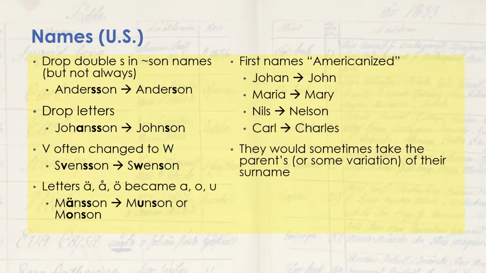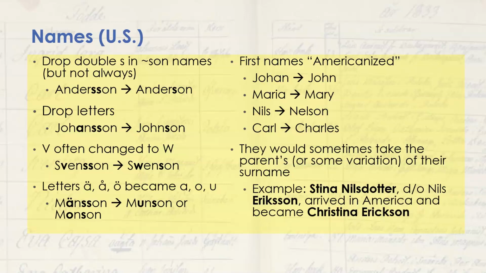And sometimes they would take their parents' surname or a variation. For an example, Stina Nilsdottir, daughter of Nils Eriksson, arrived in America and became Christina Eriksson.